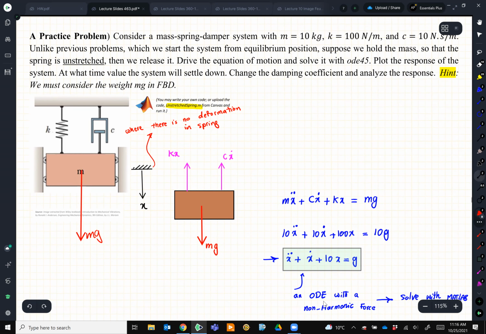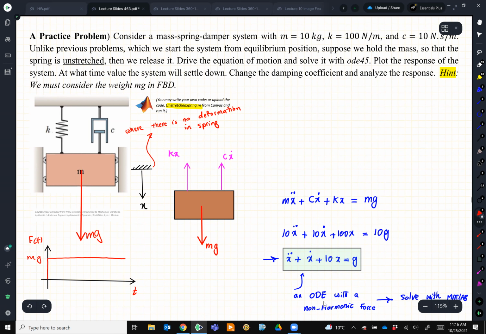So if I plot the force here, F(t), as a function of time, this F(t) is a constant force, mg. It's not a harmonic force. At time 0, it jumped to mg and it stays there.